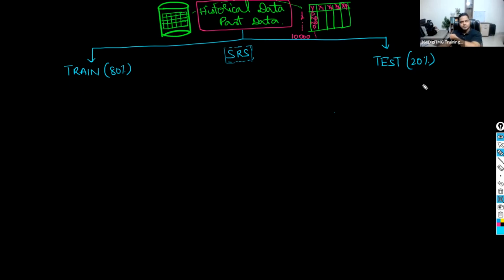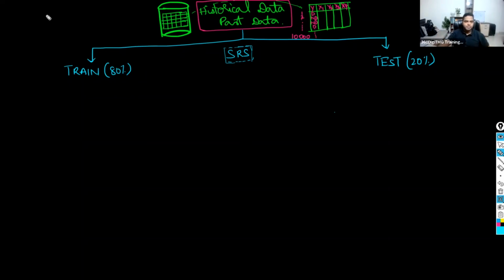Okay, so when you split your data randomly into training and test, you need to remember that within the training data, the more data you have, the more patterns your model is going to learn.